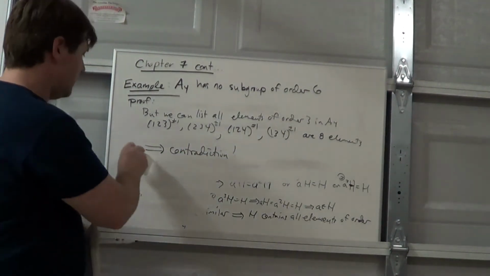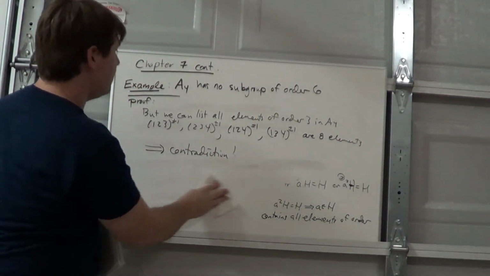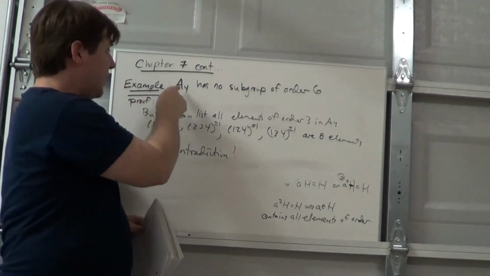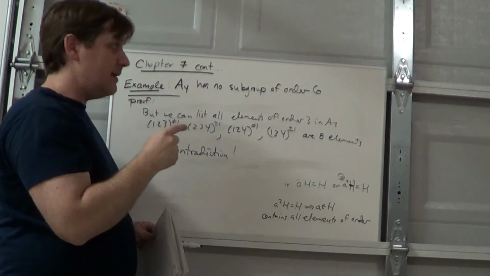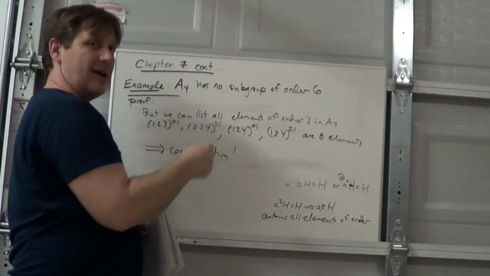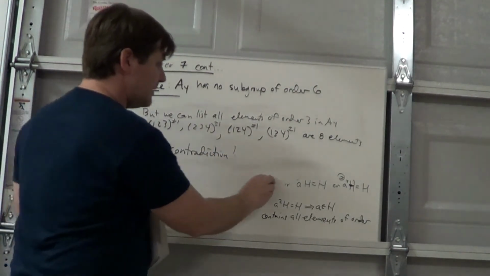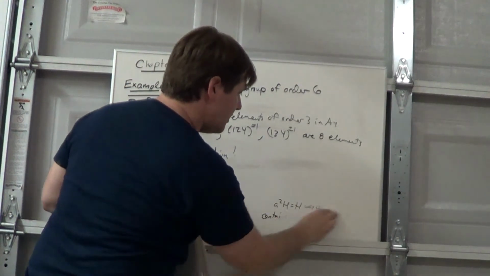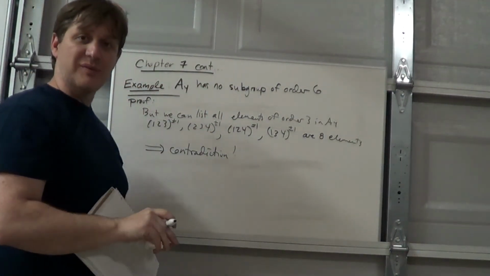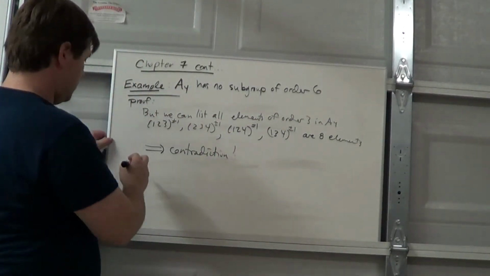Okay, so what have we shown? We've shown that even though the order of the group A4 is 12, there is no subgroup of order 6 in there. So no subgroup with index 2. And that means that the converse of Lagrange's theorem fails for the group A4.